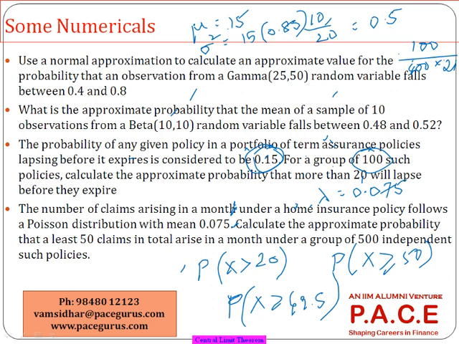And also how discrete distributions like binomial and Poisson, or for that matter continuous distributions like gamma and beta, can very well be approximated to normal, and any calculations on those can be computed using the normal approximation.